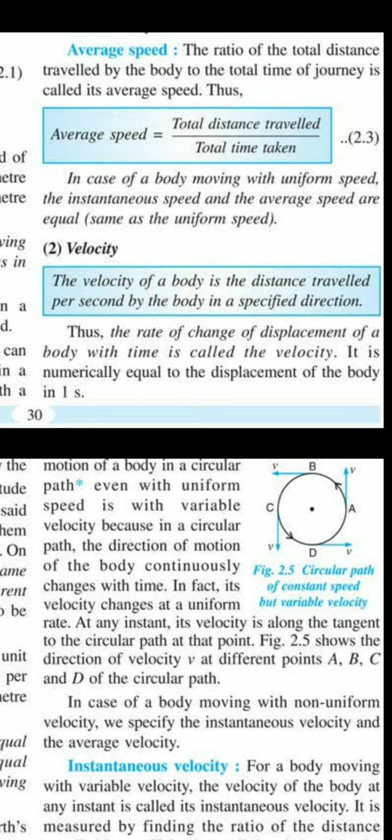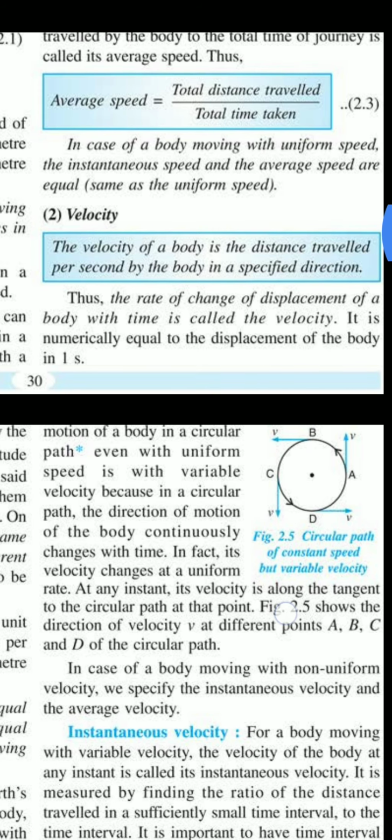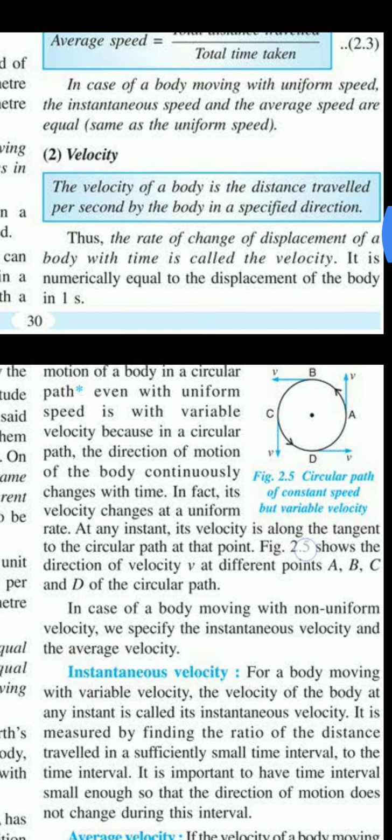That is showing you the direction at that particular moment. At point B, the direction has changed to the left side. Then at point C, it comes downwards, and then at D, it is to the right side. So the direction is changing, therefore velocity is changing, but speed remains constant.